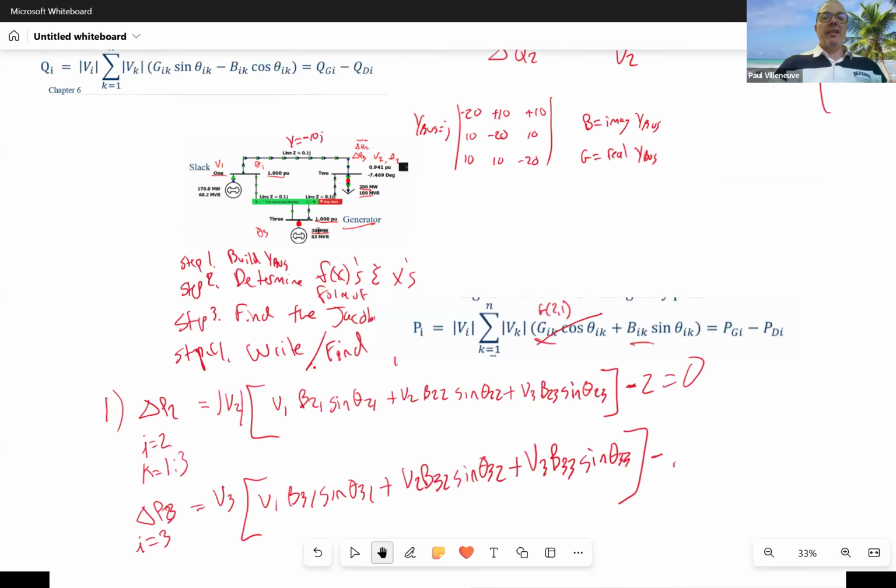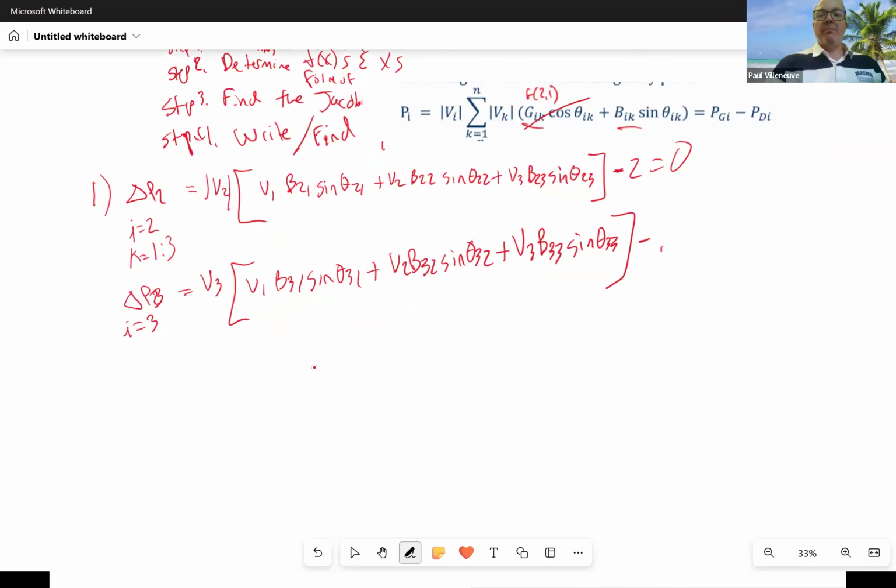Let's zoom up here. It is positive power, so this is plus, this is minus 0.3, because that's power injected. When I move the PG and the PD to the other side, I get the negative there. That's it for my 2 power balance equations, real power balance.